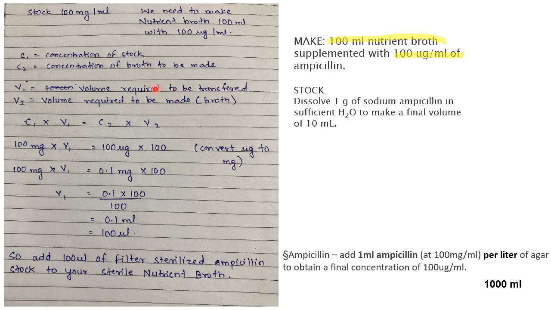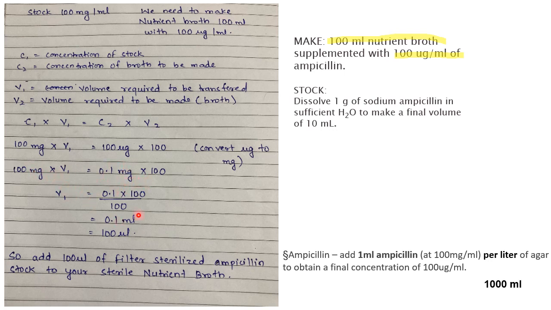So here C1V1 is what we have, and C2V2 is what we need to make. Now we will just put the values here. Here also you will see that the conversions are done, μg to mg. Okay, so the conversions are made and I have got both the values in mg.